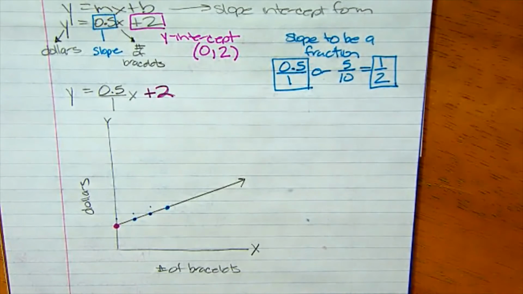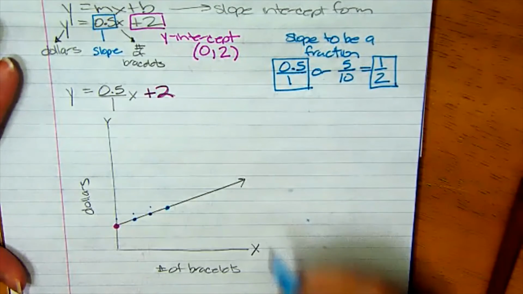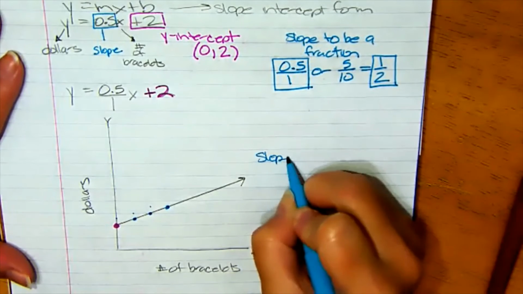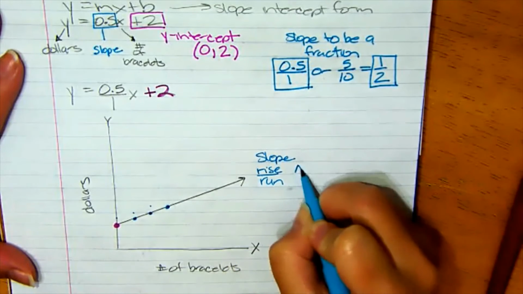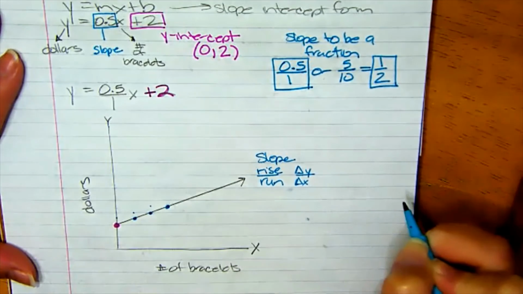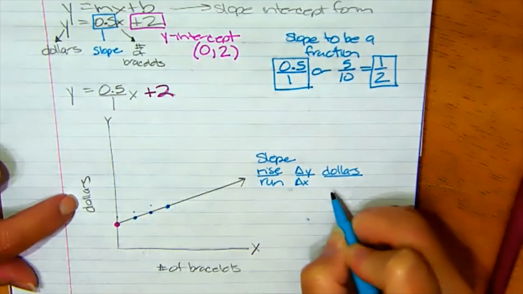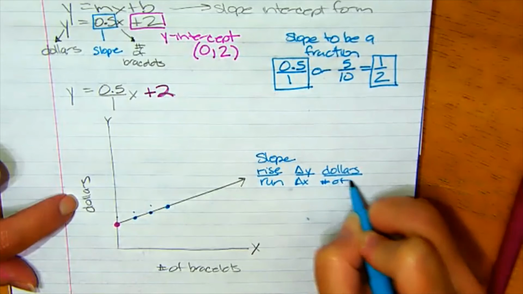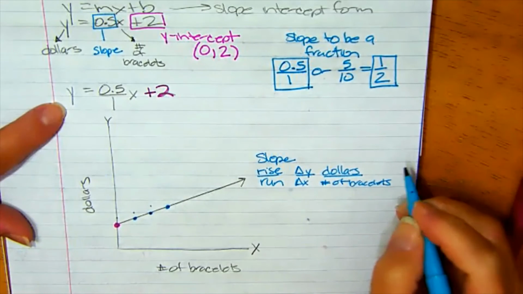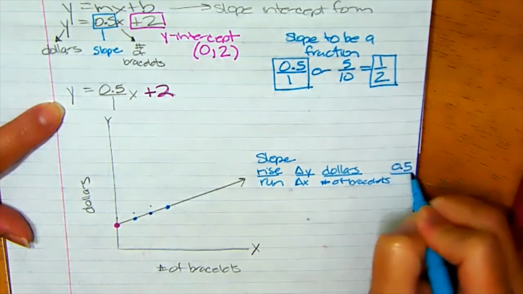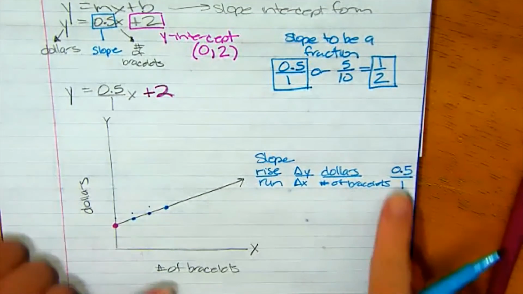But part 2 asks me to interpret the slope and the y-intercept. Okay, my slope is rise over run, change in y over change in x. Y is dollars. X is number of bracelets. And my slope is 0.5 over 1. So we need to know how to read that.